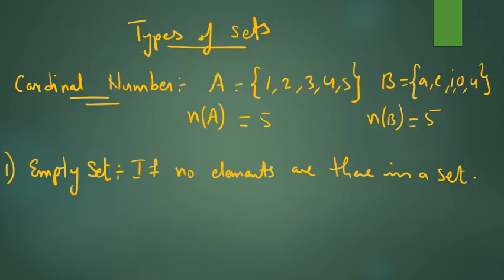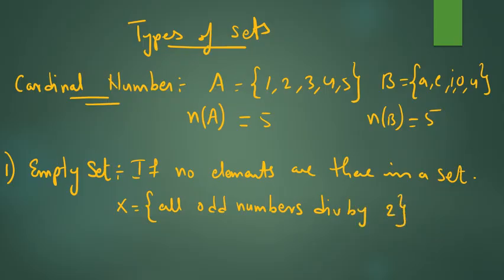For example, if you take any set x is equal to all odd numbers divisible by 2. Is there any odd number that is divisible by 2? No. So, we just write our brackets with no elements in it.